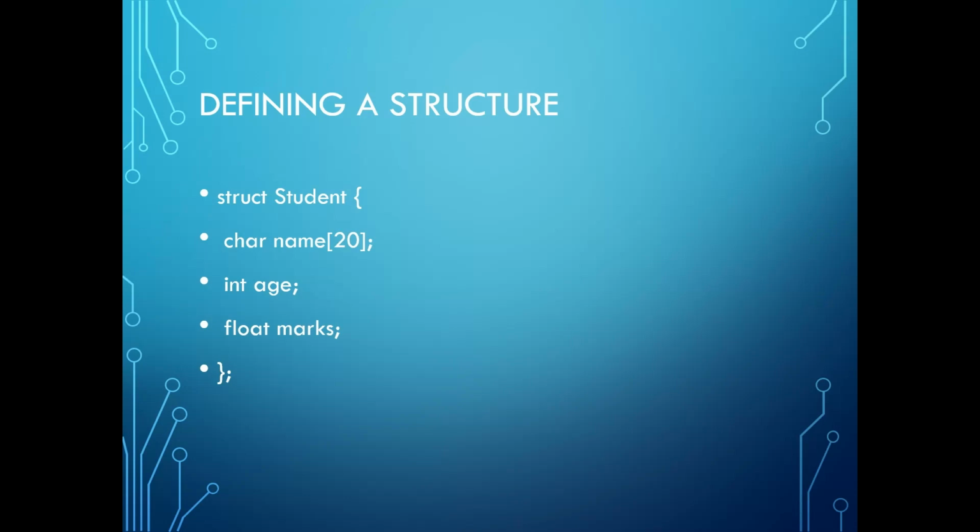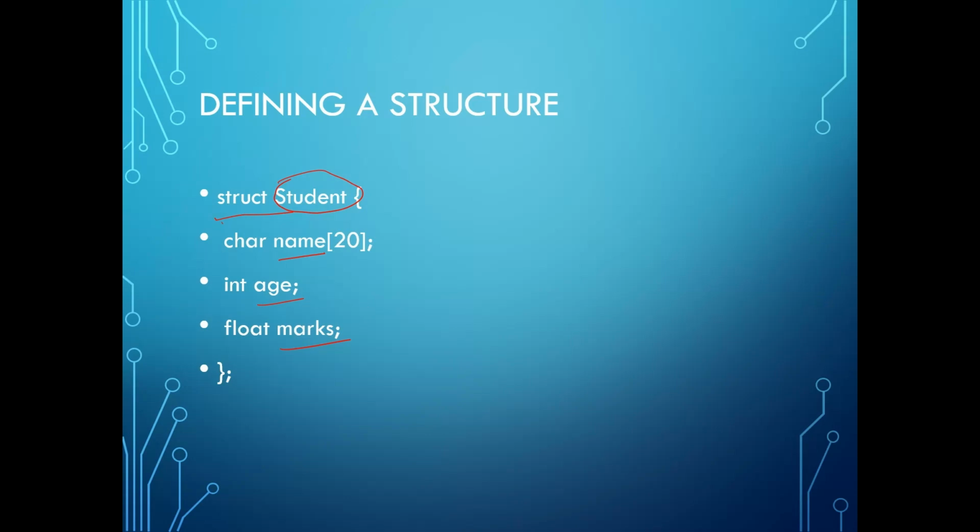If you're seeing here an example of how it is defined, you need to define it with struct. This defines a new data type called student. Under that, multiple data types, character, integer, and float, are given.